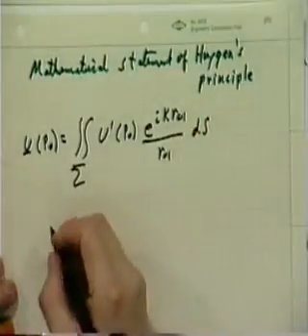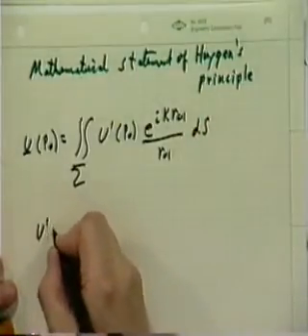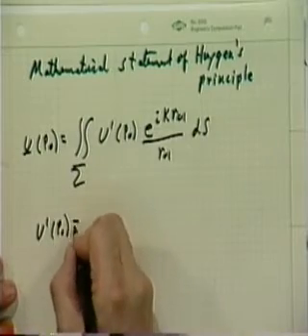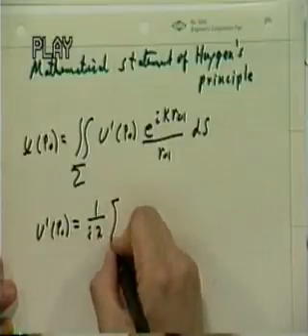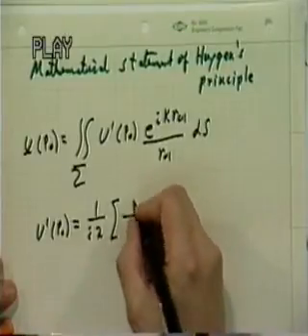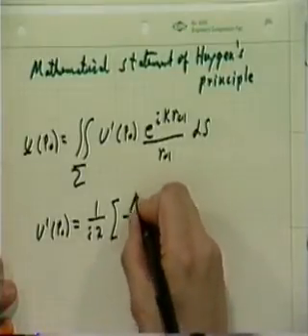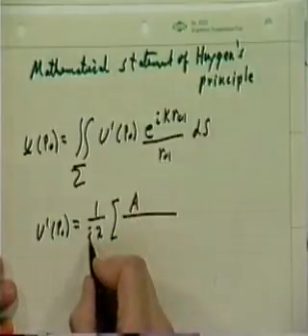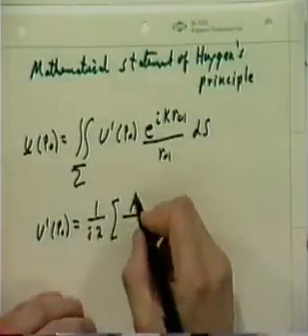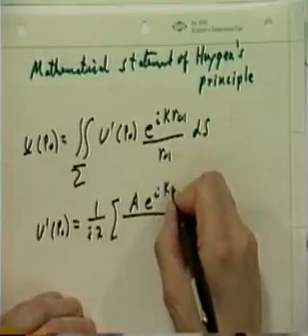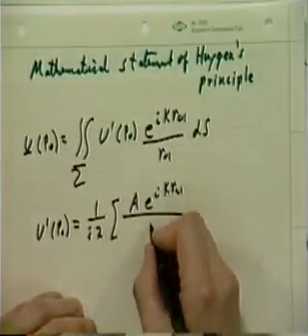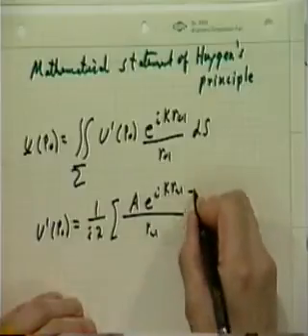And this U prime here is 1 over i lambda. We had an A. This is an i. I'll point that out again. A here, e to the ikr21 over r21.